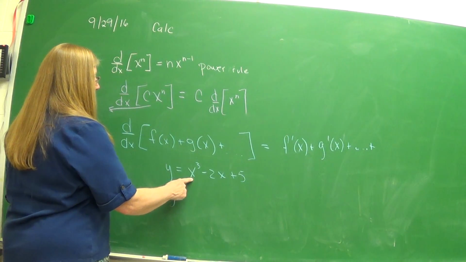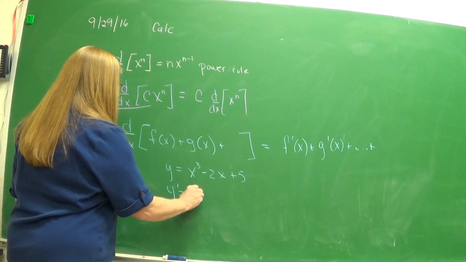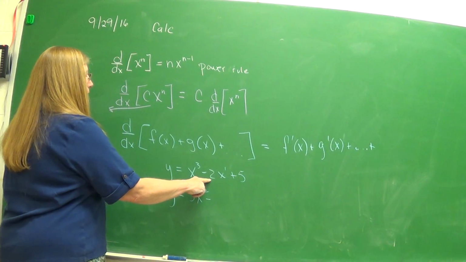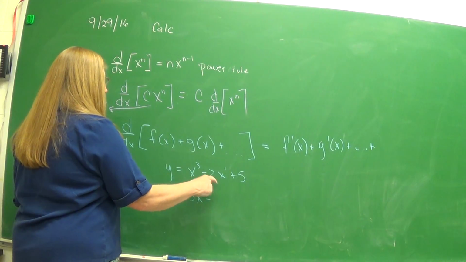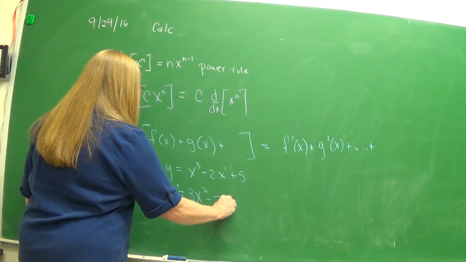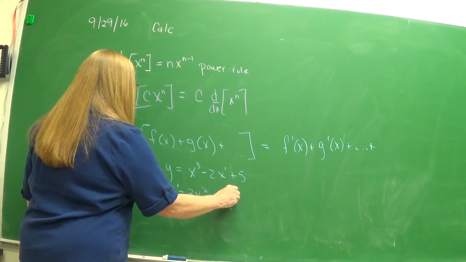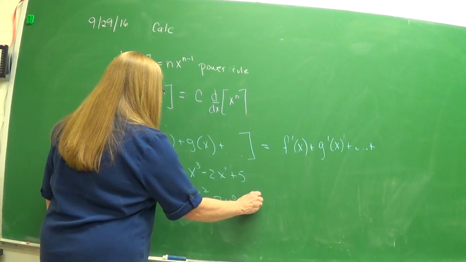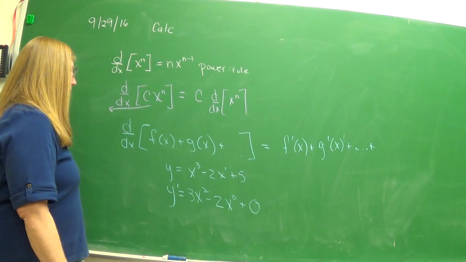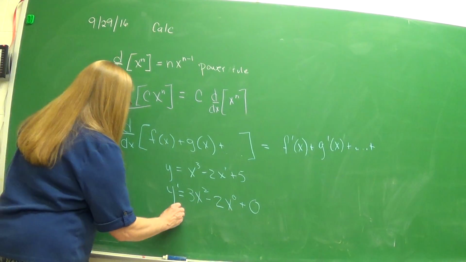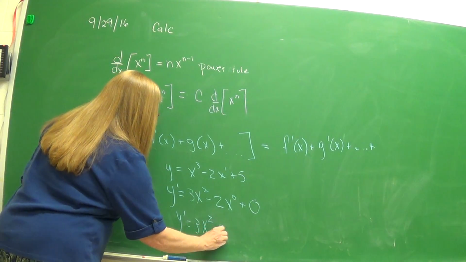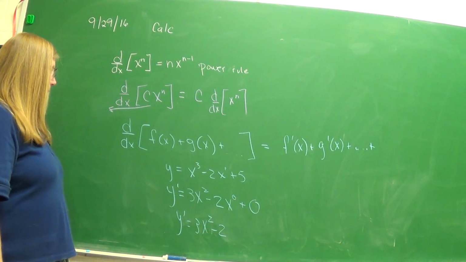The derivative of x to the third is 3x squared. There's a 1 written there. The 1 runs down in front and is multiplied by the minus 2, and this reduces by 1, so we'll clean up our mess. And we already found the derivative of any constant is 0. So we end up with y prime equals 3x squared minus 2, x to the 0 being 1.